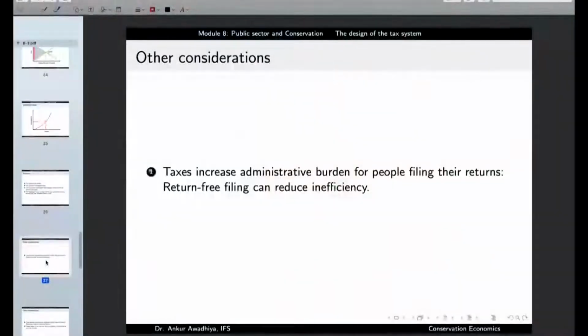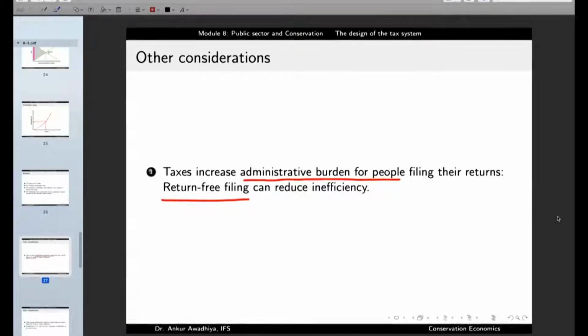So when the government insists on having a tax, even if the size of T is very small, it would entail people to spend their time in filing out their returns, and this time is unproductive time for a large majority of people. So one consideration is that taxes increase the administrative burden for people. So one alternative when the government is designing the tax system is a return-free filing.